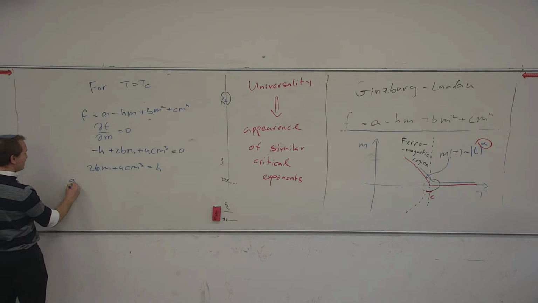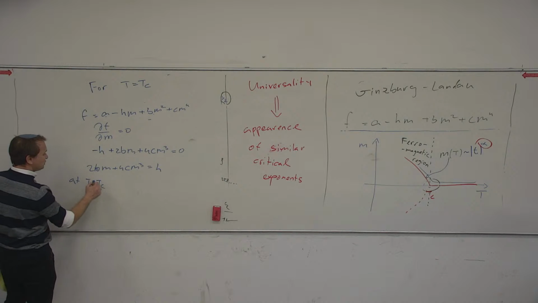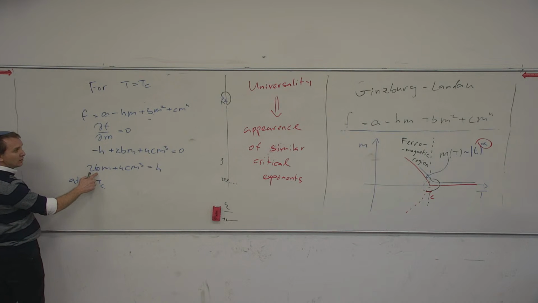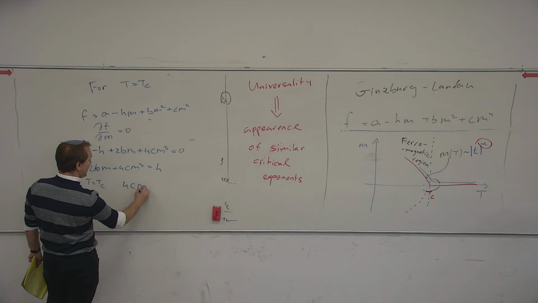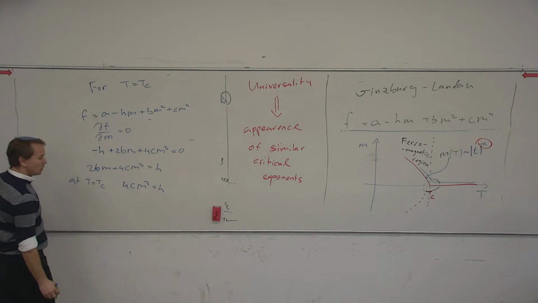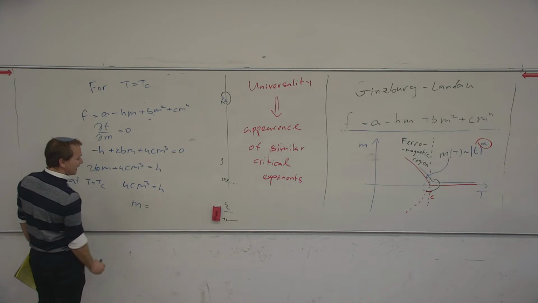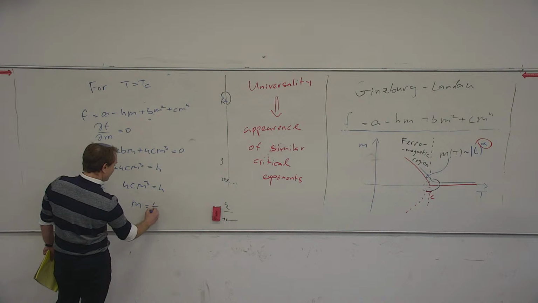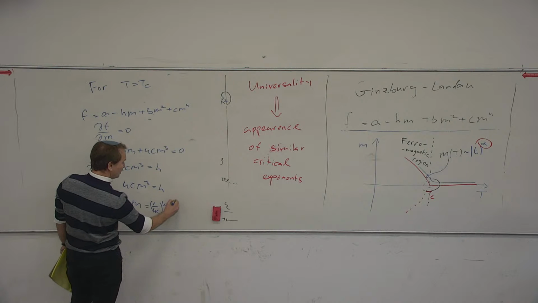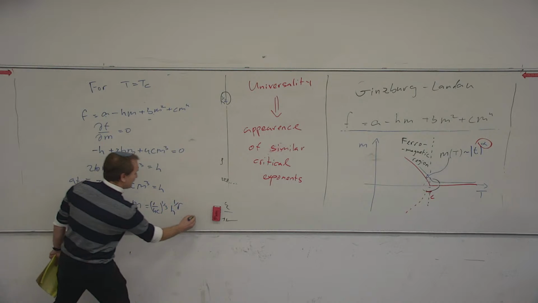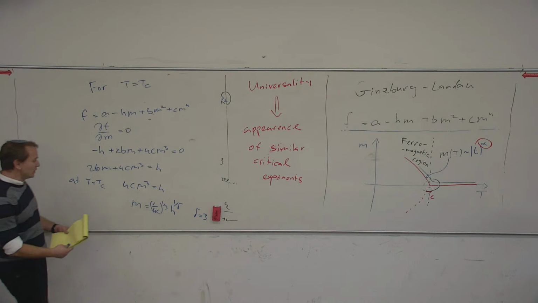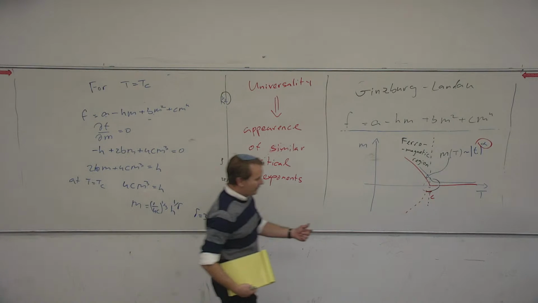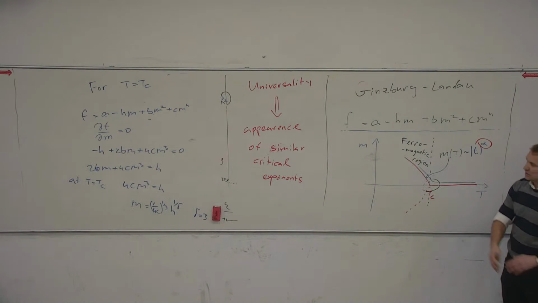Now, exactly at T equals Tc, what is b? It's 0. C is some constant, so we have 4cm cubed equals h. So m goes like (h/4c) to the power 1 over delta, where delta is 3.